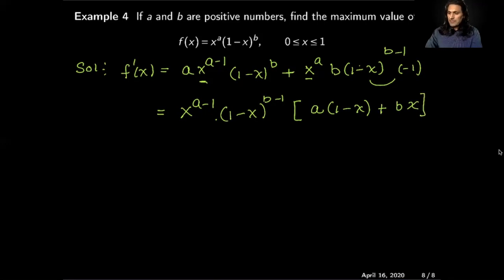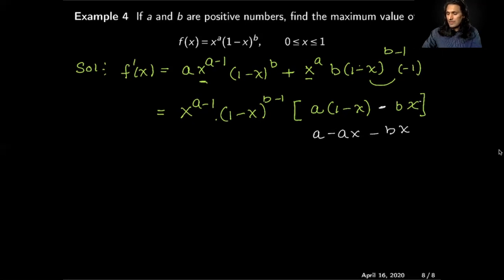Now simplify this factor. If I simplify this one, this will give me minus a minus ax plus bx. So there is a negative sign, sorry, -1 here. This will be negative because of this negative sign, so it will change, and this also becomes negative.